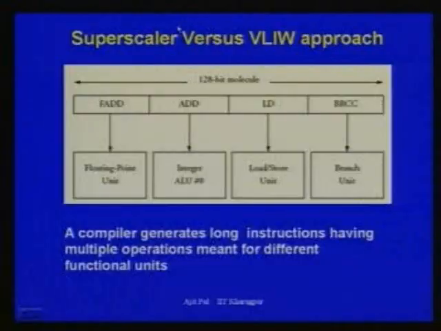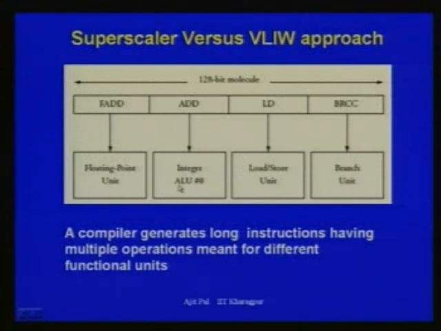For example, here you have got say 4 fields. 4 fields corresponds to 4 different functional units. So, this is floating point adder, this is integer adder, this is load, that means load and store unit, and this is branch unit.